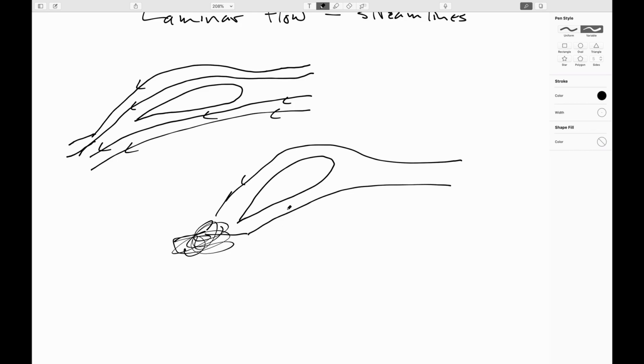Instead, you get a whole bunch of turbulence back here, and this turbulence is associated with a loss of lift on the wing. Loss of lift on a wing attached to an airplane is usually considered a bad sign. Unusual attitudes are one of the main reasons for airplane crashes, because if you get into these attitudes, you can create these bits of turbulence around the wing.